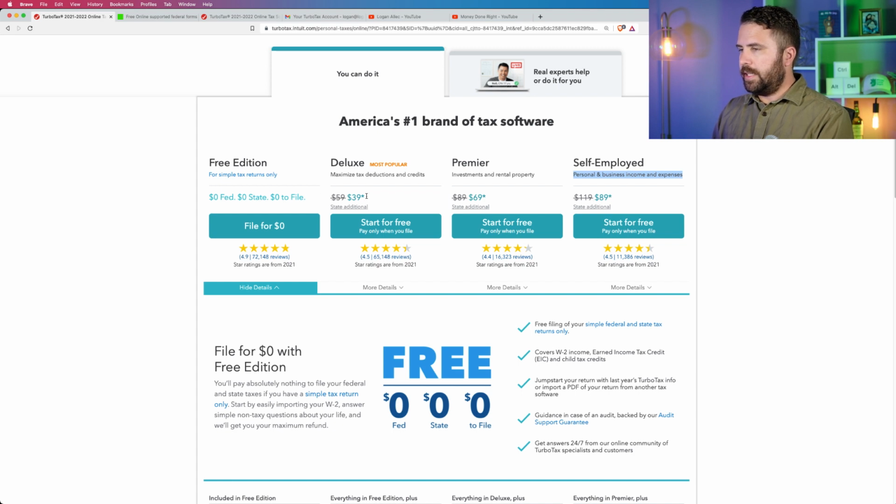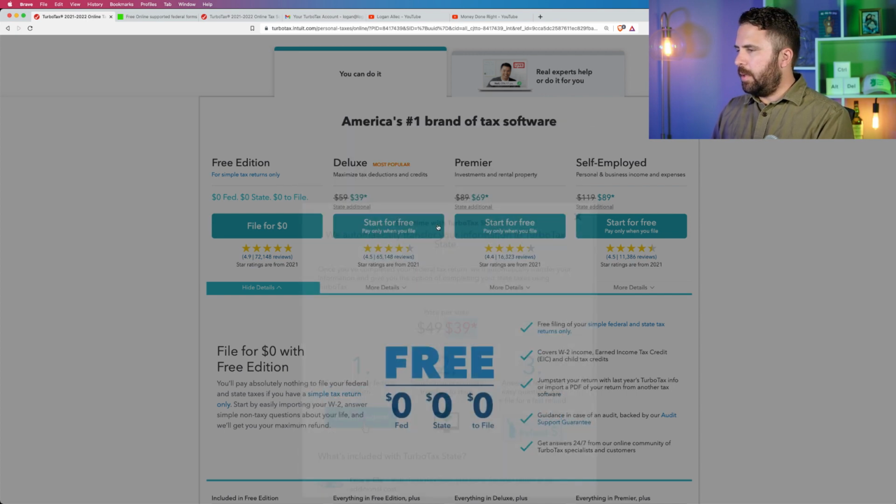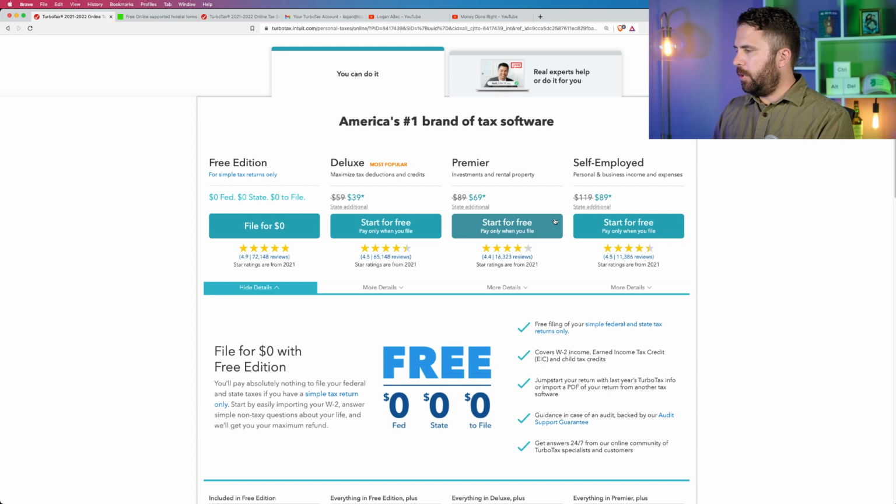You can see these editions get progressively more expensive. Don't be fooled by the $39. The state is additional. And this price tends to go up throughout the tax season for the paid edition. So generally the early bird gets the cheaper prices when it comes to tax software.